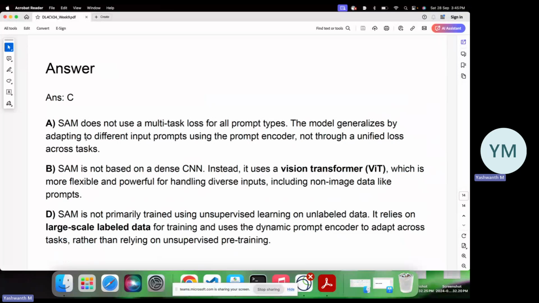Instead, it uses the vision transformer, which is more flexible and powerful for handling diverse inputs, including non-image data like prompts. SAM is not primarily trained using unsupervised learning on unlabeled data. It relies on large-scale labeled data for training and uses the dynamic prompt encoder to adapt across tasks rather than relying on unsupervised pre-training.